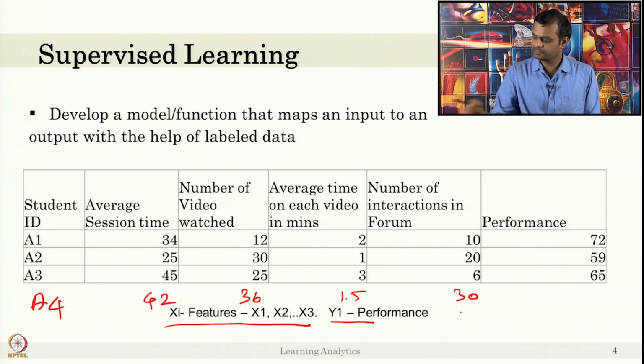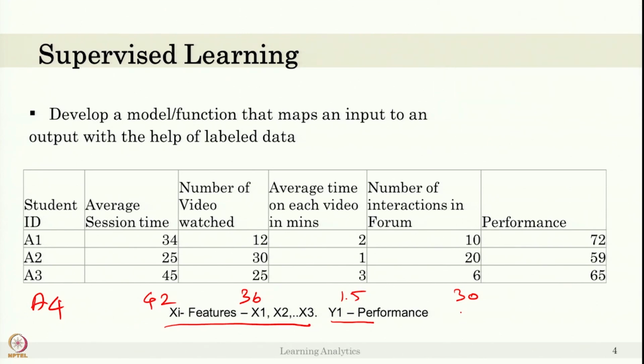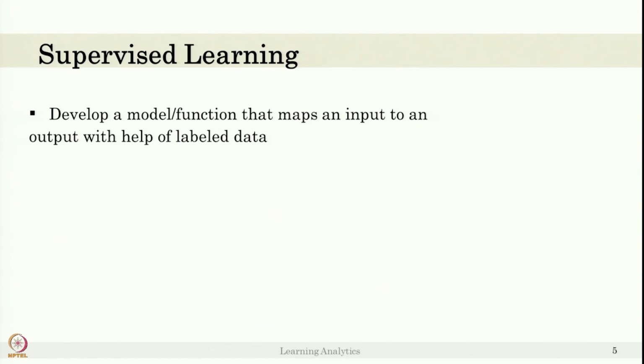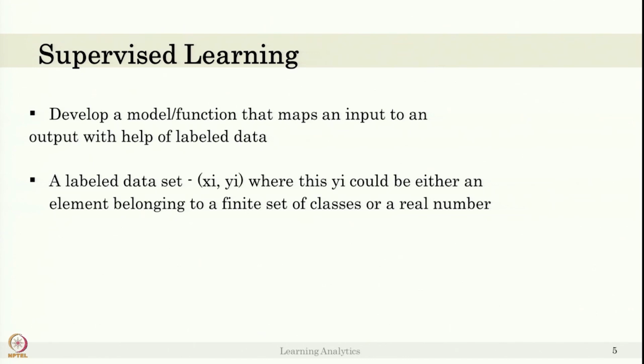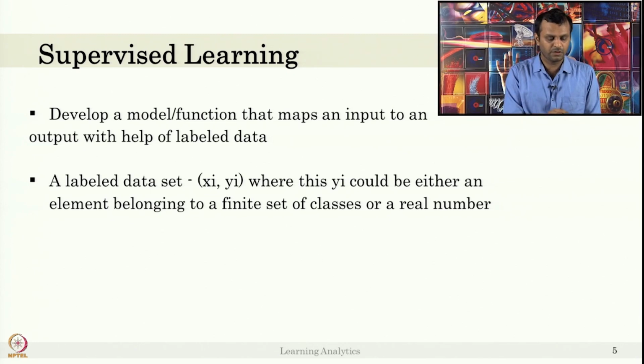Supervised learning means, let's understand what x, y, x1, y1 mean. So a labeled data set, that is xi, yi, where this yi could be either an element belonging to a finite set of classes or a real number.